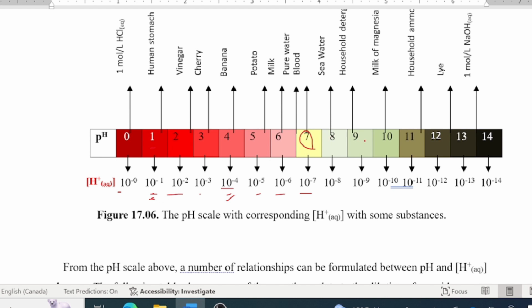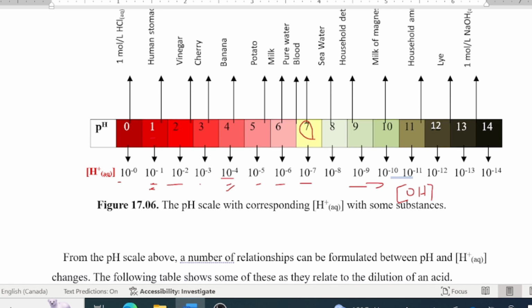The higher the pH, the lower does the concentration of the hydrogen ion get, but the OH ion concentration increases. So while H plus is decreasing like that, OH is increasing.